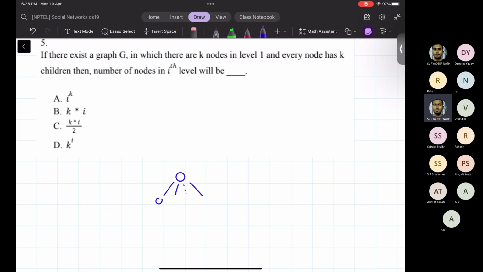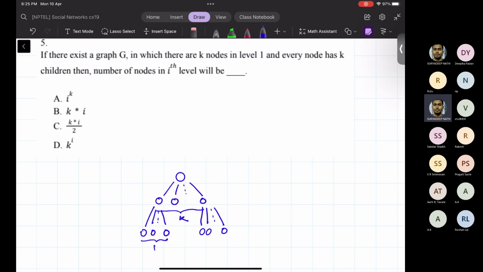So there are k such nodes, and every node here has k children. This is level 0, where the number of nodes is 1.